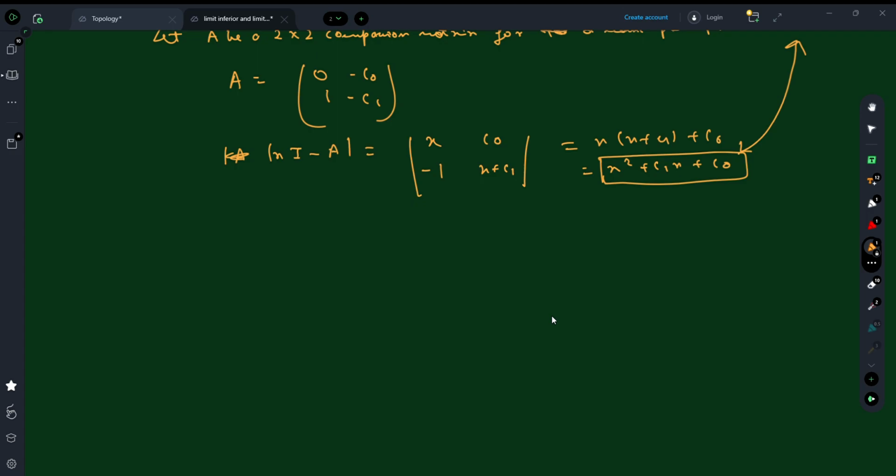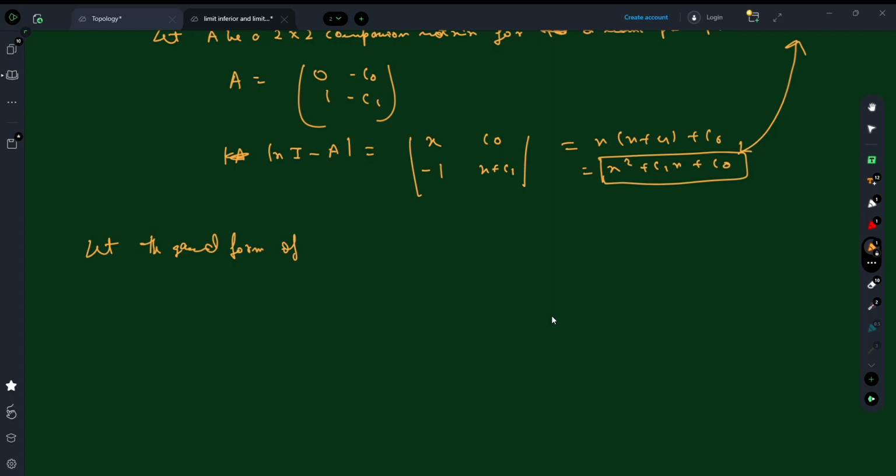Now let A be a k cross k companion matrix. Now we are not considering any polynomial as such. We are just giving a k cross k form of A, or rather let us say we consider a general form of a companion matrix, in accordance with the way we have got a companion matrix.